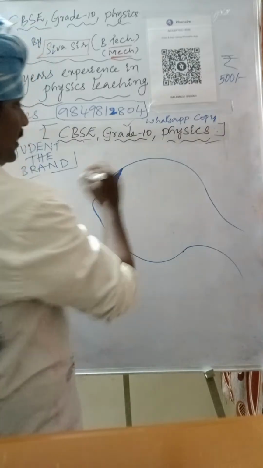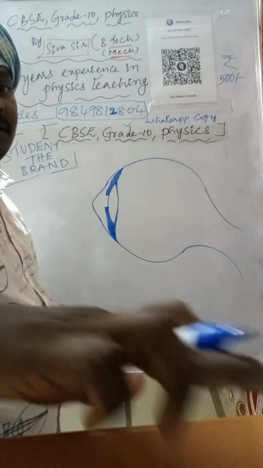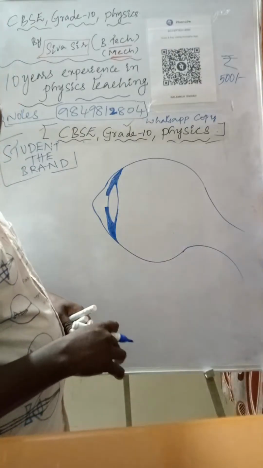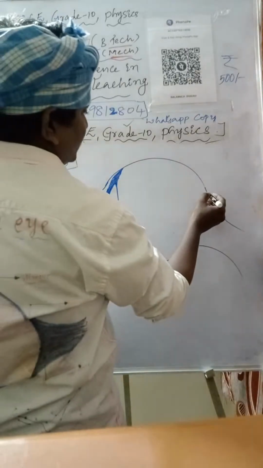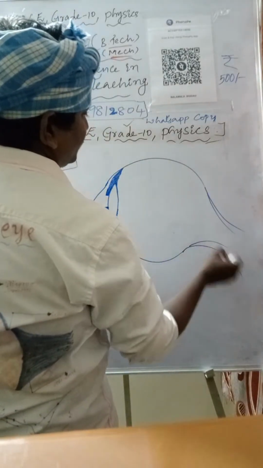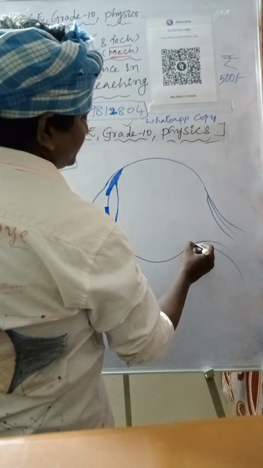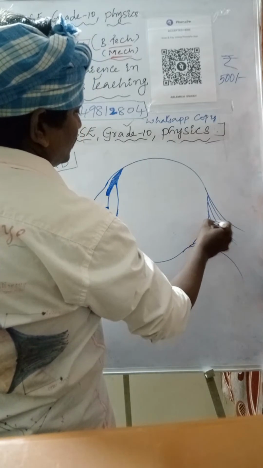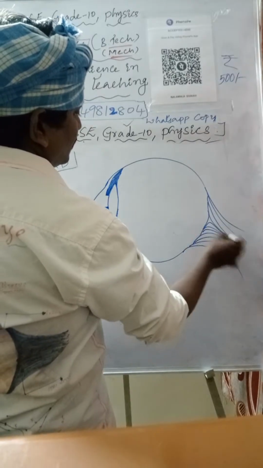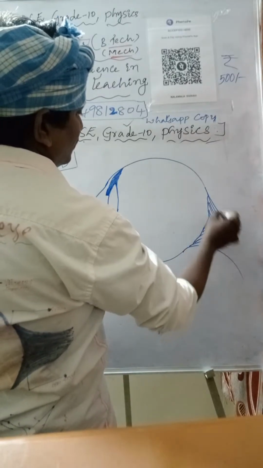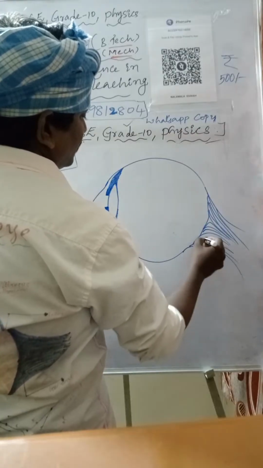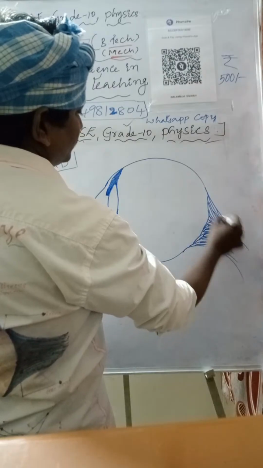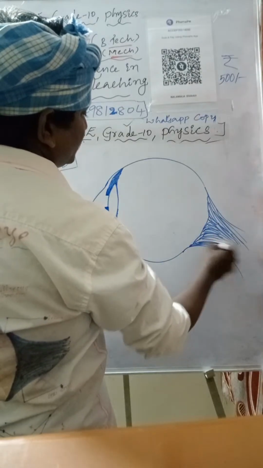Here I am considering the human eye. These are the ciliary and optic nerves.